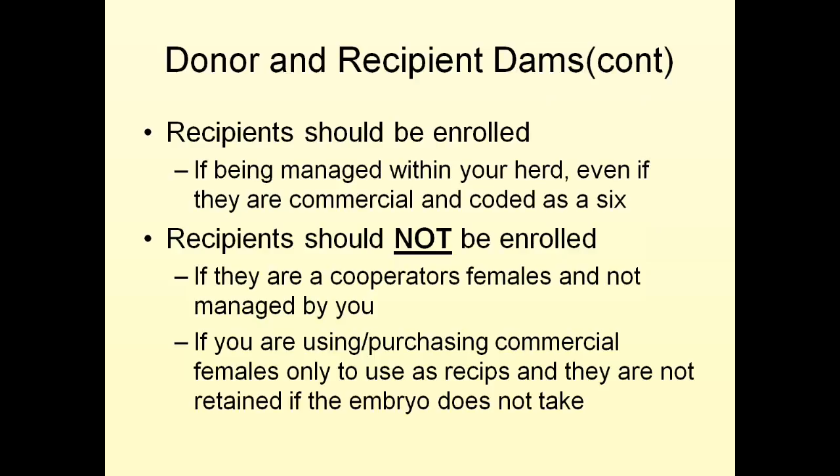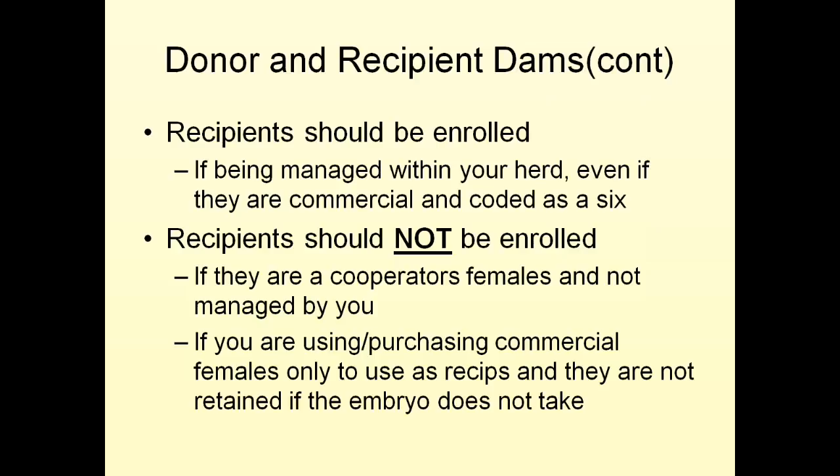If you are purchasing commercial females only to use as recips and you're not retaining them if the embryo doesn't take, so if you go pick up 10 dams at the stockyards, put embryos in them, and you only are keeping the ones that keep the embryos, don't put those on your inventory. It's not necessary. We're only concerned with the cows that are consistently sticking in your herd.